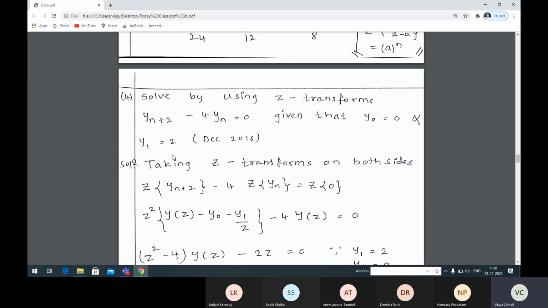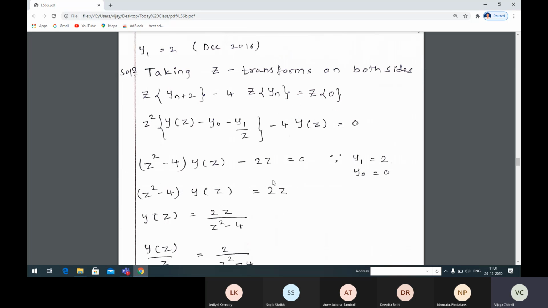Simple one. Now the very first step is to take the Z transform on both sides. Z transform of y suffix n plus 2, plus minus 4 times Z transform of y suffix n, is equal to Z transform of 0. The Z transform of this constant, 0, will be 0, right?